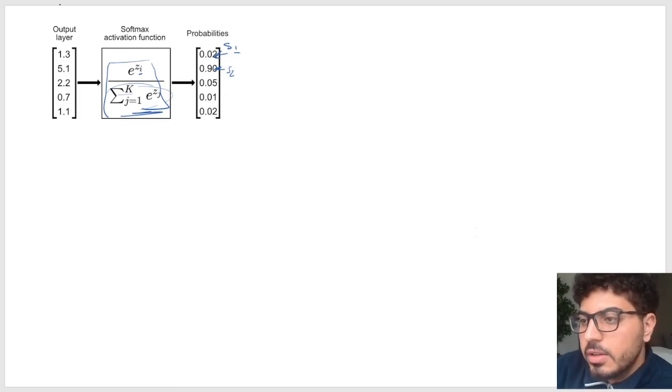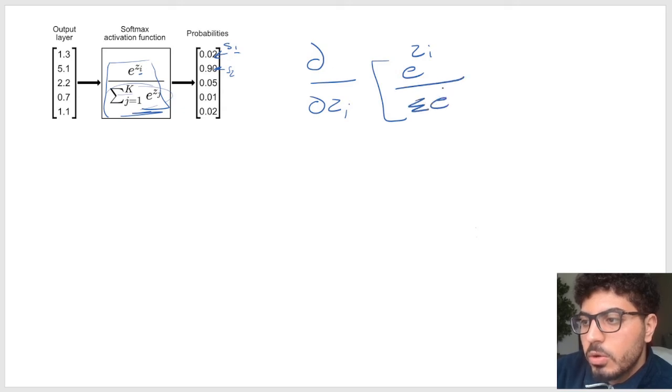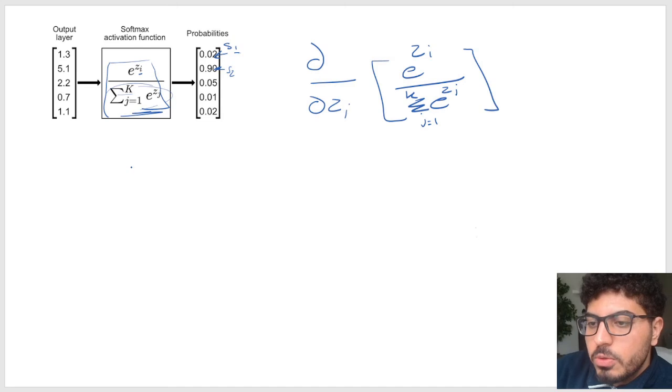What we're trying to calculate is the partial derivative with respect to Zj of Si, which is e to the power Zi over the summation of all of the exponentiations, j equals 1 to k. Okay, let's do this. First of all, we will fix the numerator and take the derivative of the denominator.